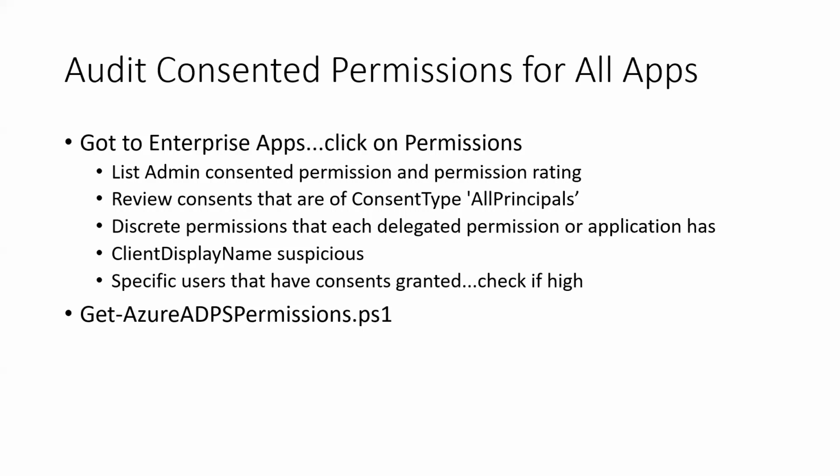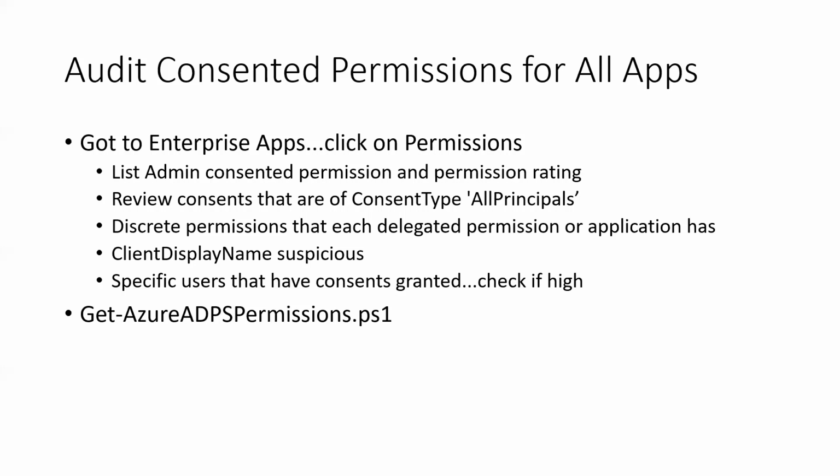you should audit your consented permissions for all apps, and this is kind of how you do it. You go into Enterprise Apps, you click on permissions, then you go through and you list the admin consented permissions and the permission rating. You review consents that are all of consent type, all principals. This is just a checklist of the checks you should make for your apps to make sure that there's nothing suspicious or out of whack in the security settings.